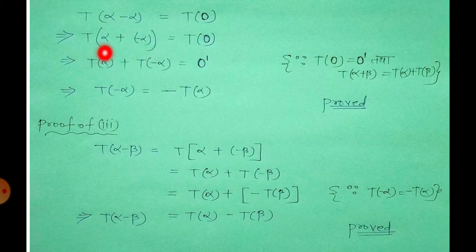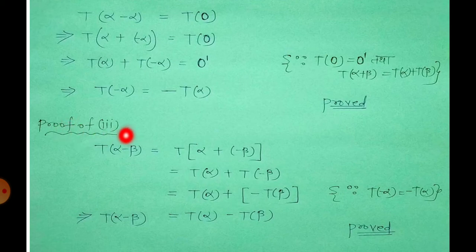So T of alpha plus beta, we can write as T alpha plus T beta by the definition of linear transformation. And T of 0, we have recently proved in proof of 1 that T of 0 is equal to 0 dash. Now T of minus alpha and T of alpha is transferred to the right hand side and we get minus T of alpha. This is proved.